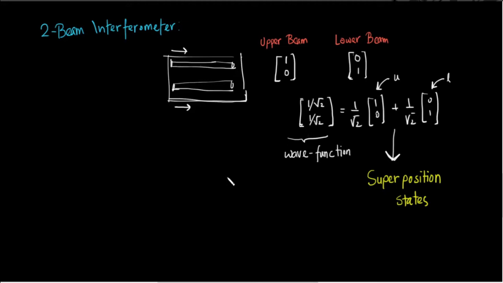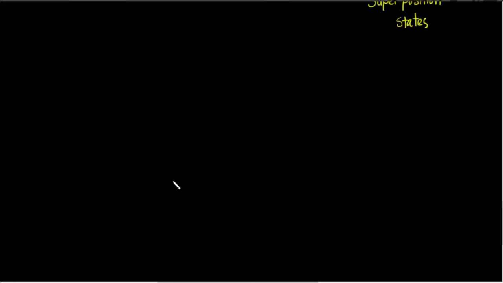What else can we use to make a qubit? Well, we can use atoms. In particular, we can use two-level atoms. What does that mean?